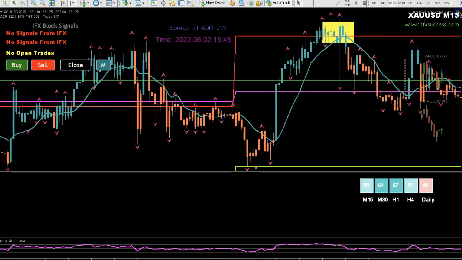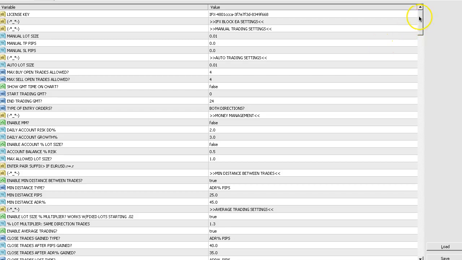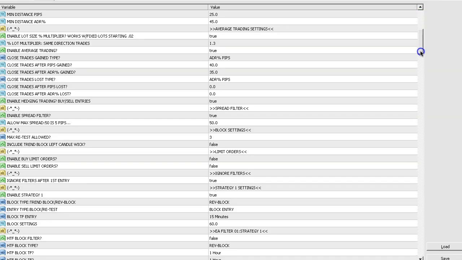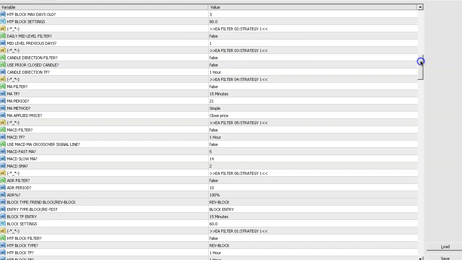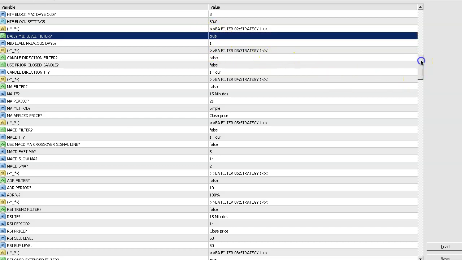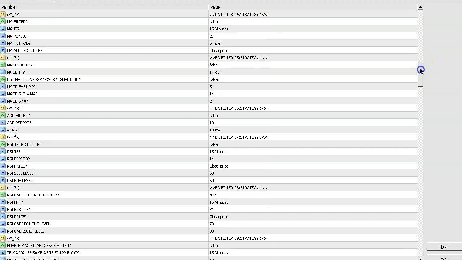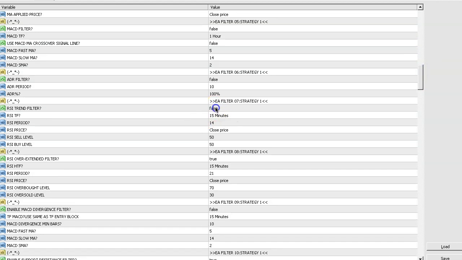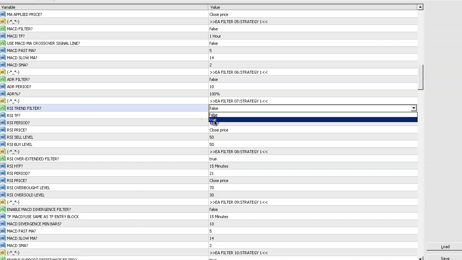So again, on the EA, you just have to check what filters we are going to use. Right here we have the daily mid-level filter. I'm going to make this true because I want to consider the prior day mid-level. Then I'll keep going down and make my RSI trend true.